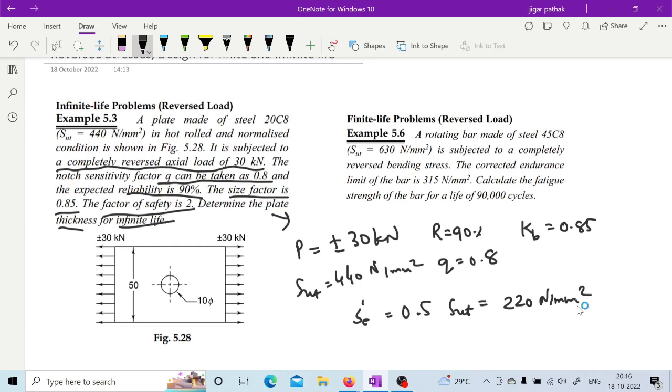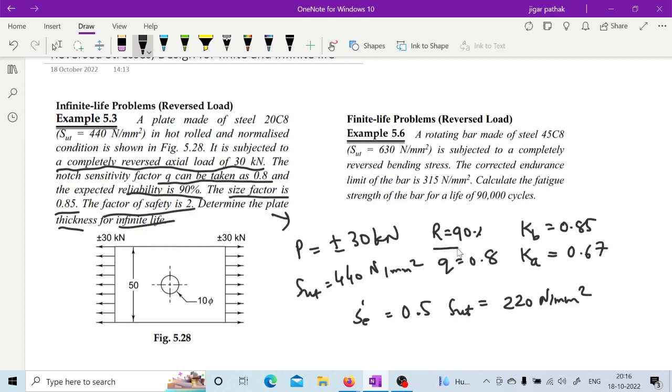Sir, in every condition we take 0.5 SUT? If it is not mentioned in our problem, then we can go with this Se dash as 0.5 times SUT. Okay.